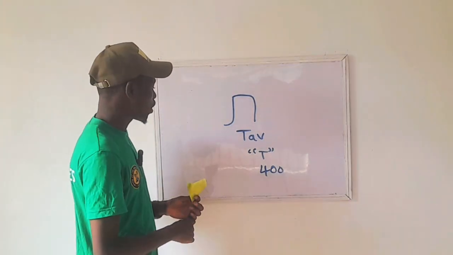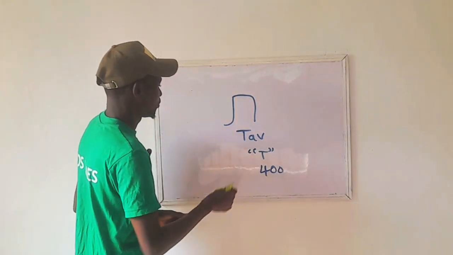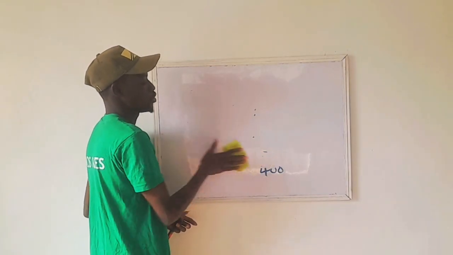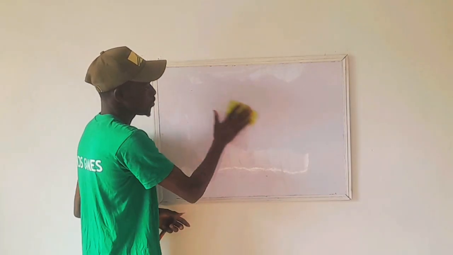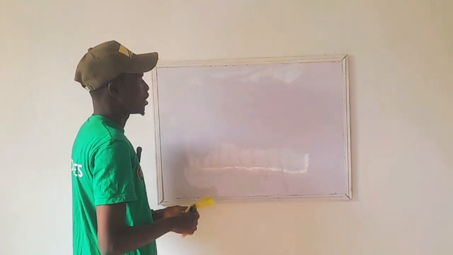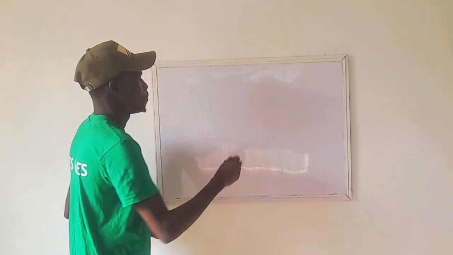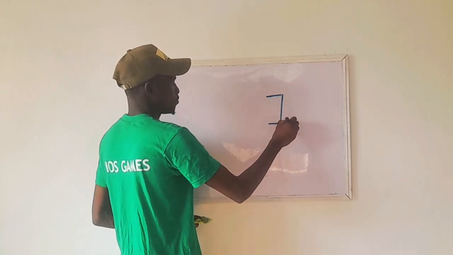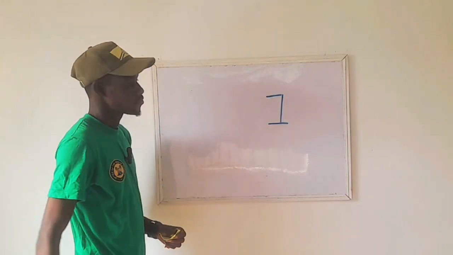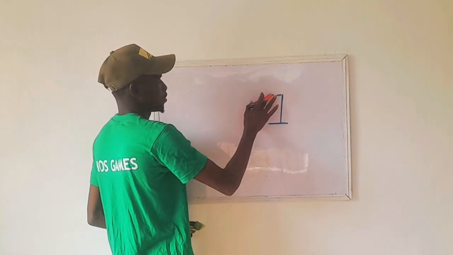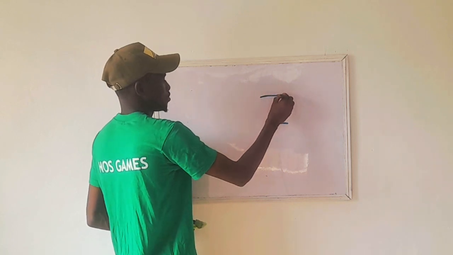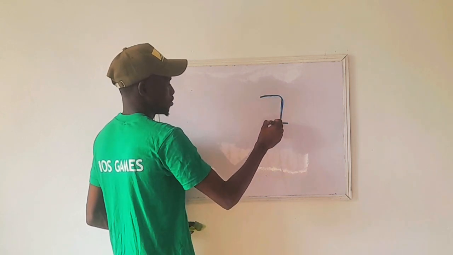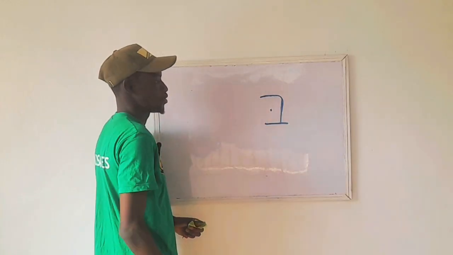Now you can write another word. Example, I've written Ben the other time for son. Now let's write bat.